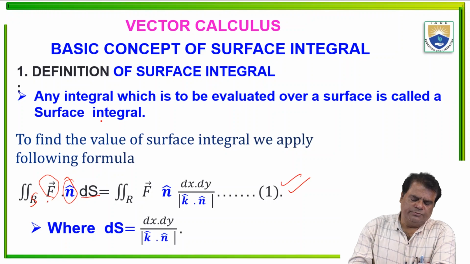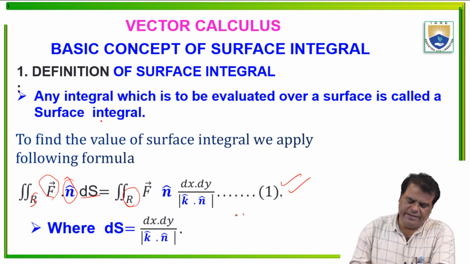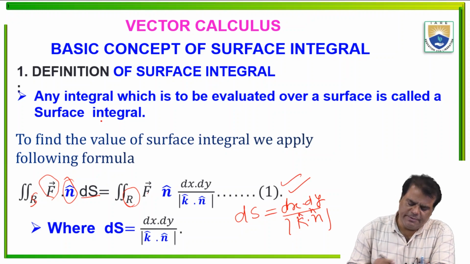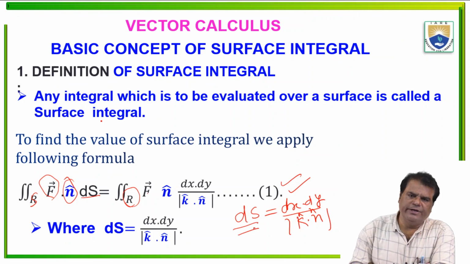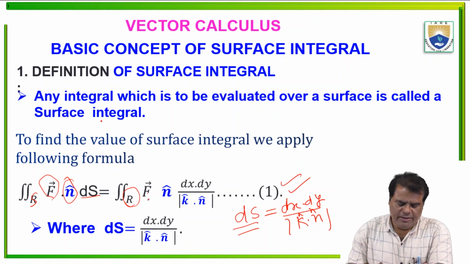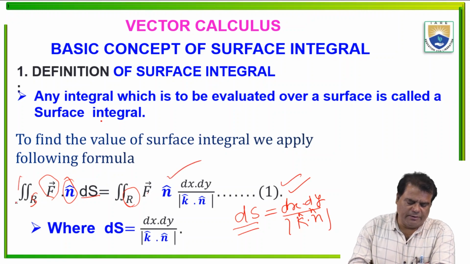Now this converts into a double integration over region R of F dot n dS, where the value of dS is dx dy divided by mod of k dot n, with k the unit vector and n the unit normal vector. This is the value of dS. So in every surface integral question, we apply formula number 1.